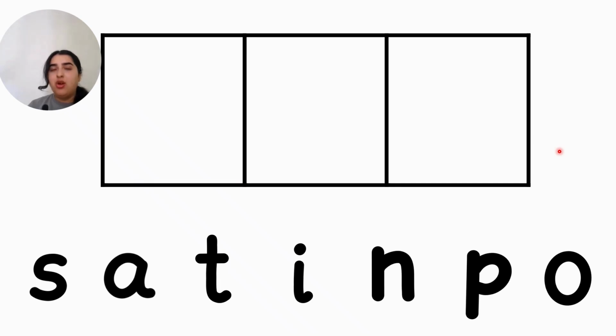Pin. What sounds can you hear in the word pin? Let's try together first. Pin. P is the first sound. I is the next sound. N is the last sound.